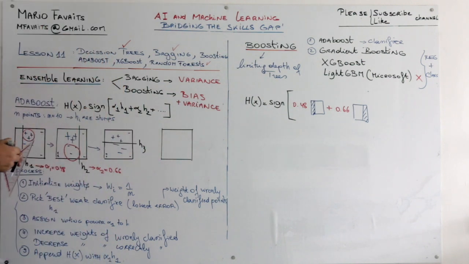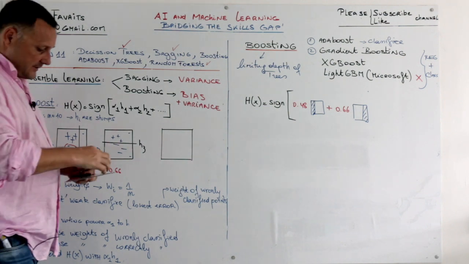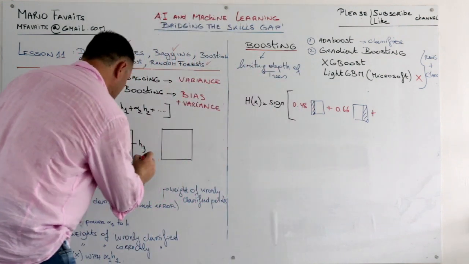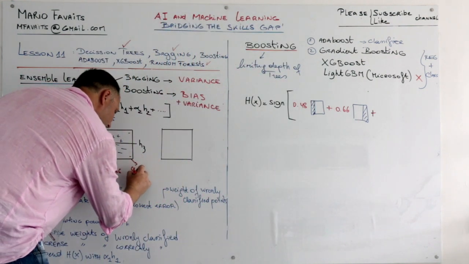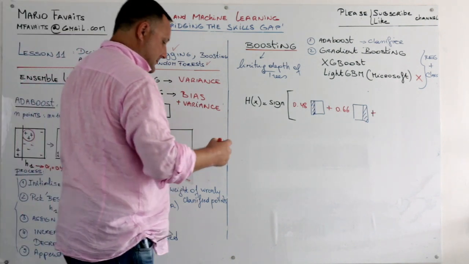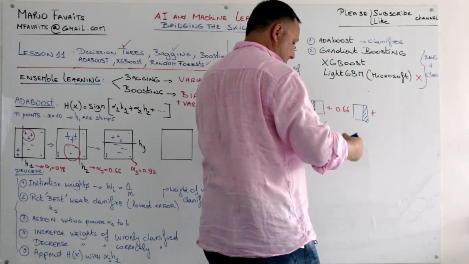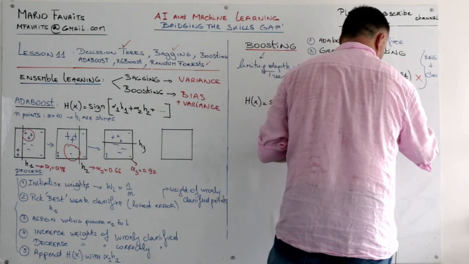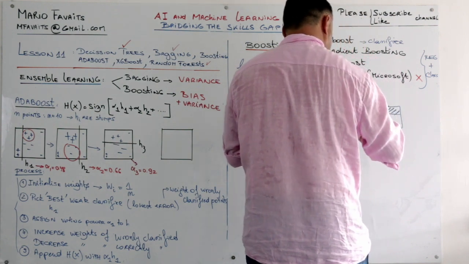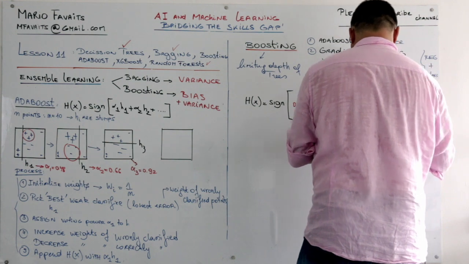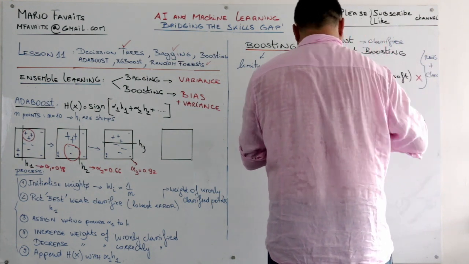So your next best classifier will be H3. We add plus alpha 3, which will be 0.92 or so, quite high, times this last classifier here. And now I claim that we're done.